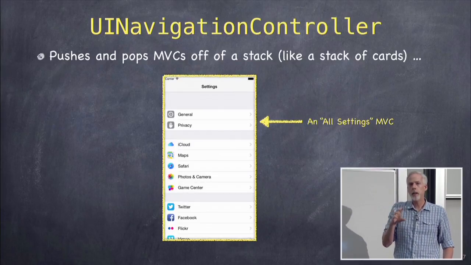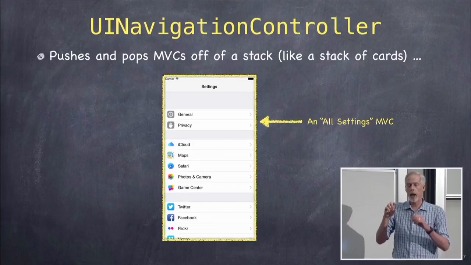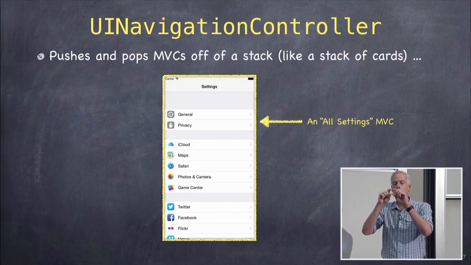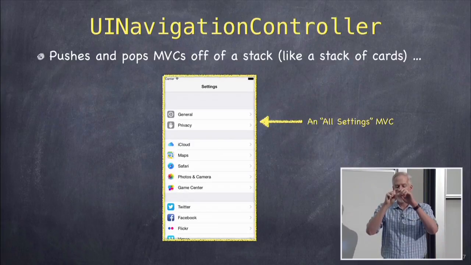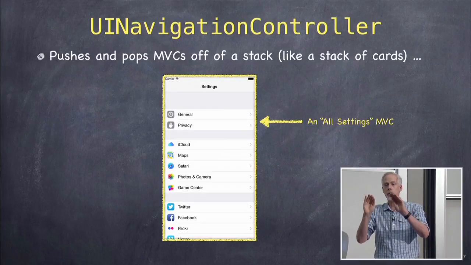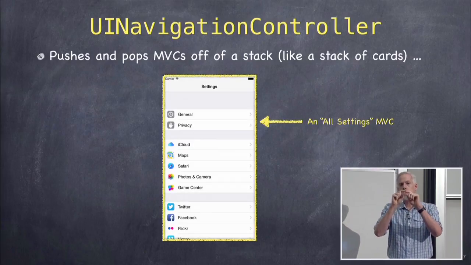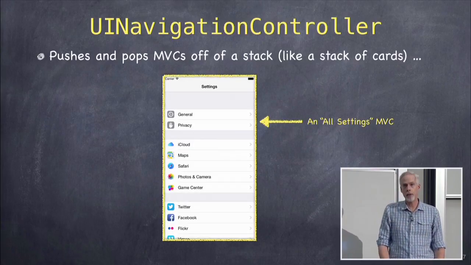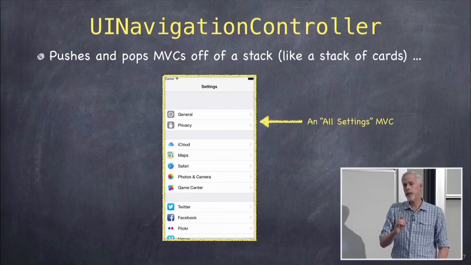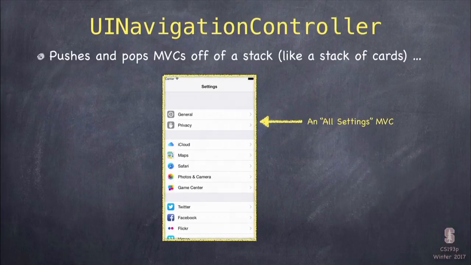Now, in this particular view, you see on the top there's a gray bar that says settings. The gray bar, which is actually transparent and is showing the all settings MVC behind it, kind of fuzzed out a little bit, is drawn by the navigation controller. It and a toolbar on the bottom, which I'll talk about in a second, are the only things that the navigation controller actually draws in its view.